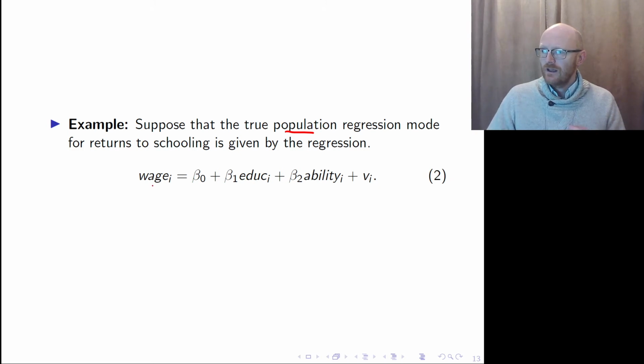The returns is measured by the wage level, and this wage level is explained in the population by a coefficient times the education level in years, and a coefficient times a certain ability, plus a certain residual which contains all other factors which affect the wage level, which is not accounted for by education and ability.